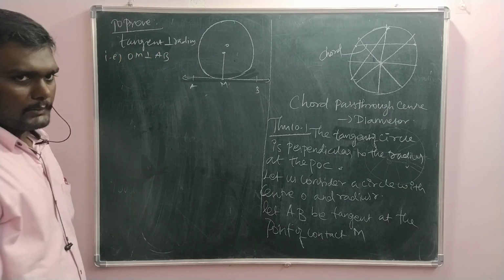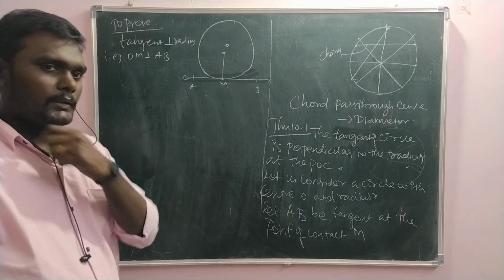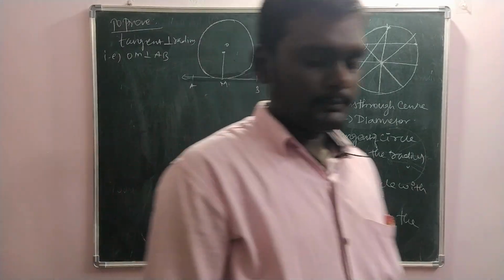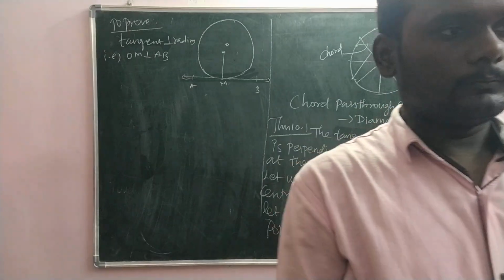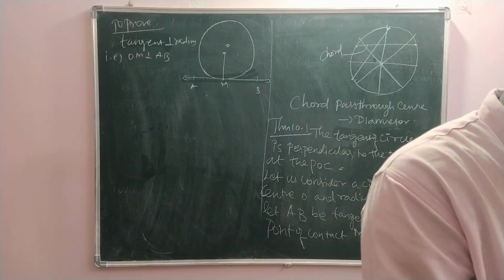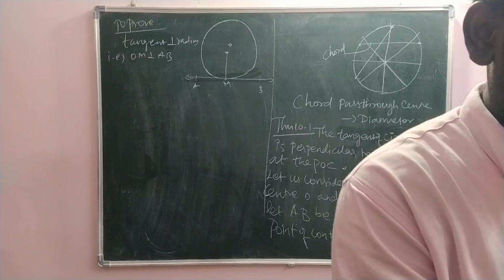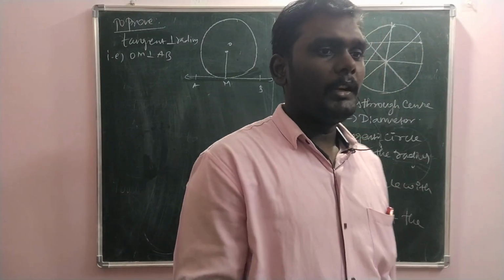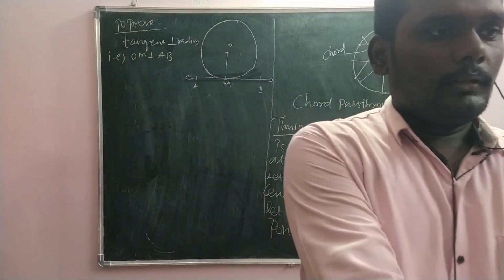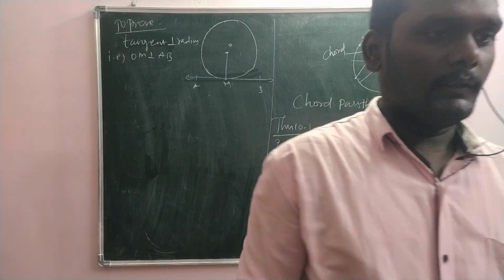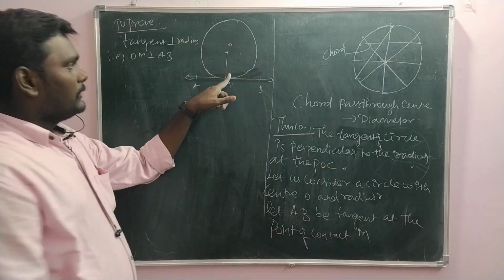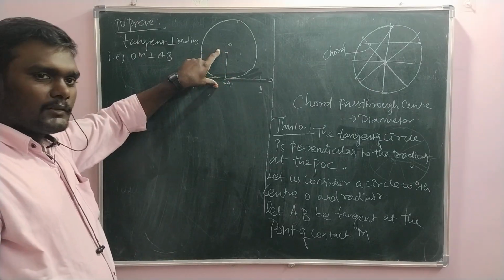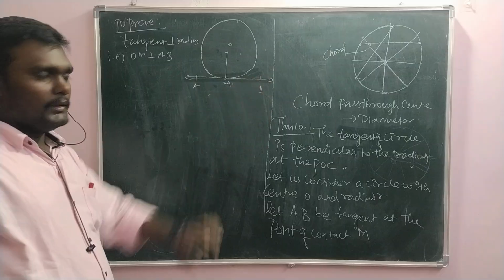We are going to use the method of the shortest distance between a point and a line. The perpendicular distance is the shortest distance, so we are going to prove this is the shortest distance. To show this, we should take other distances longer than this.